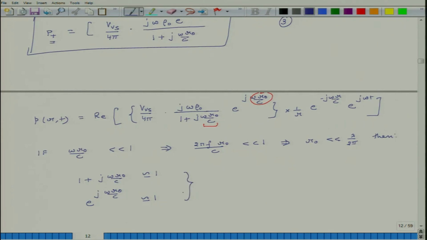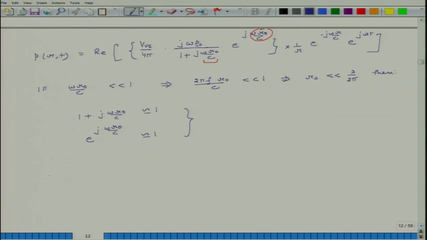If I use these two simplifications, then my relation for pressure is real of VVS divided by 4 pi r, times j omega rho naught, and then of course e to the minus j omega r over c minus t. This term goes away and this term goes away.